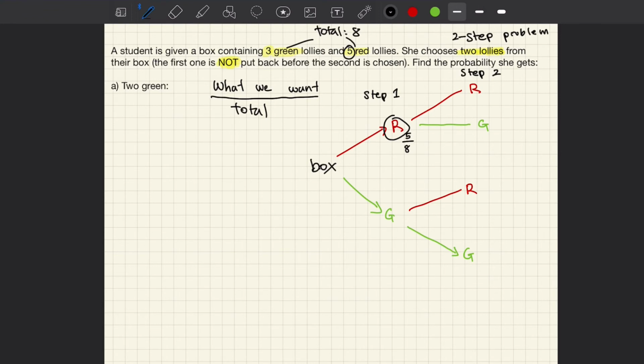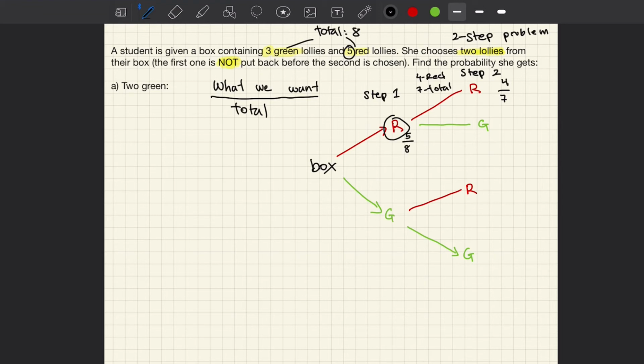So here we're left with 4 reds and 7 total. So we've taken a red out, so there's one less, and we've taken one lolly out, so there's one less than the total. So if we apply this formula here, what we want, 4 reds out of our total, 7.